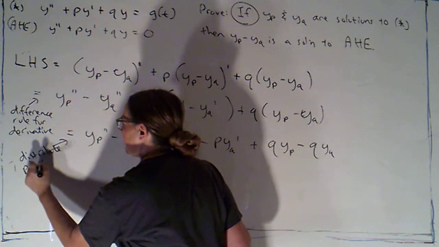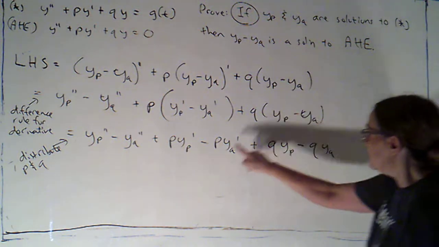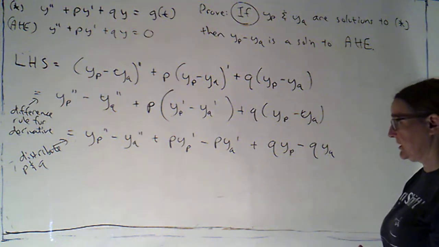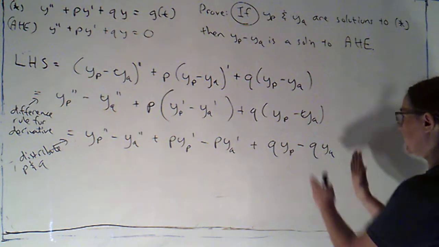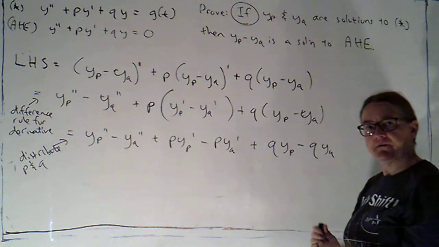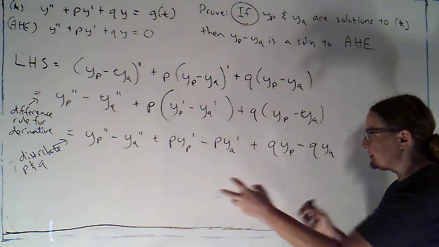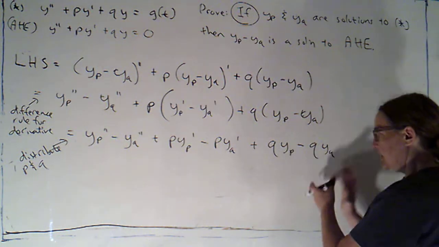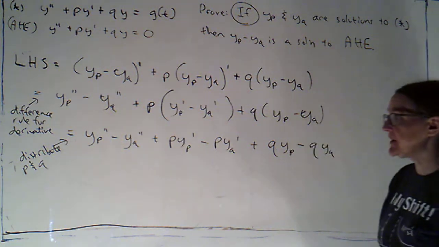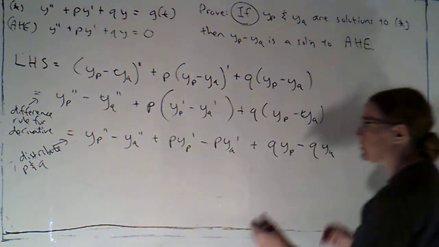Okay, so this is just distributing p and q. But now I've got 1, 2, 3, 4, 5, 6 terms connected by addition and subtraction. Now I do need to be careful. The terms I'm subtracting have to stay negative. Okay? But if I view that subtraction as just adding the opposite, I can move these terms around and regroup them, just realizing that the negative sign has to stay with each piece. So I'm going to do what we did last time. I'm going to group them as the p terms and the q terms.